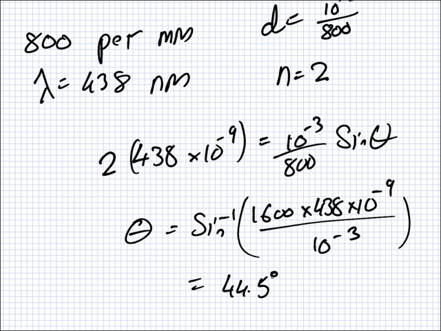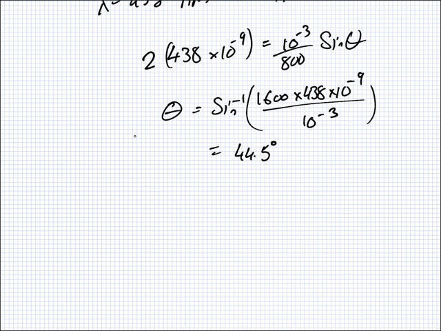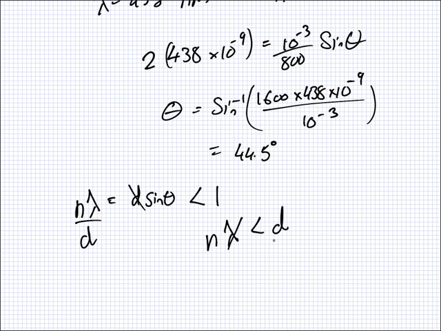Show that this is the maximum order of diffraction that is observed. Interesting. Okay. You know that n lambda equals d sine theta. So n lambda over d equals sine theta, which must be less than 1. So n lambda must be less than d. So n must be less than d over lambda. D over lambda equals 10 to the minus 3 over 800, divided by 438 times 10 to the minus 9.